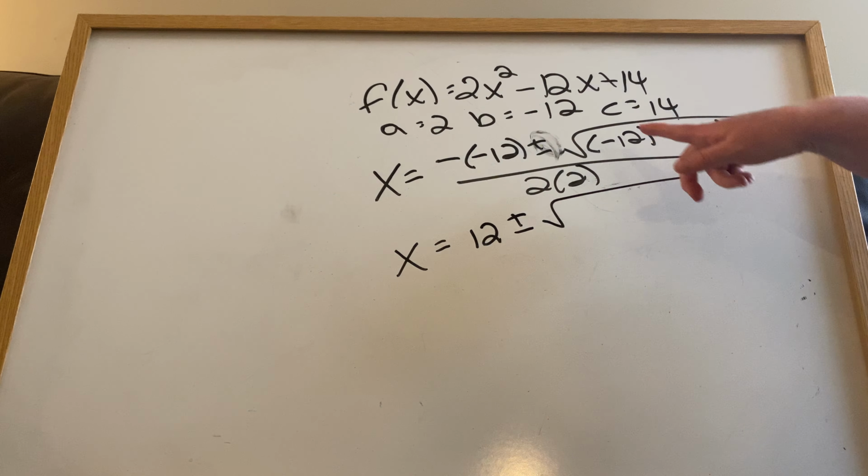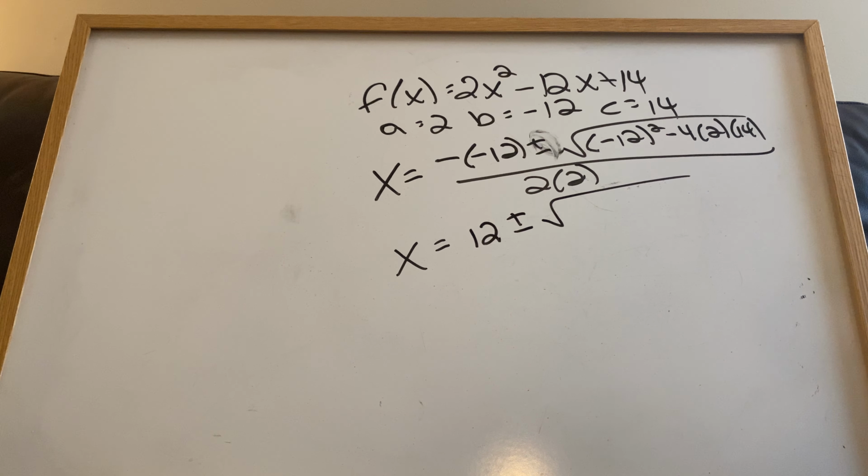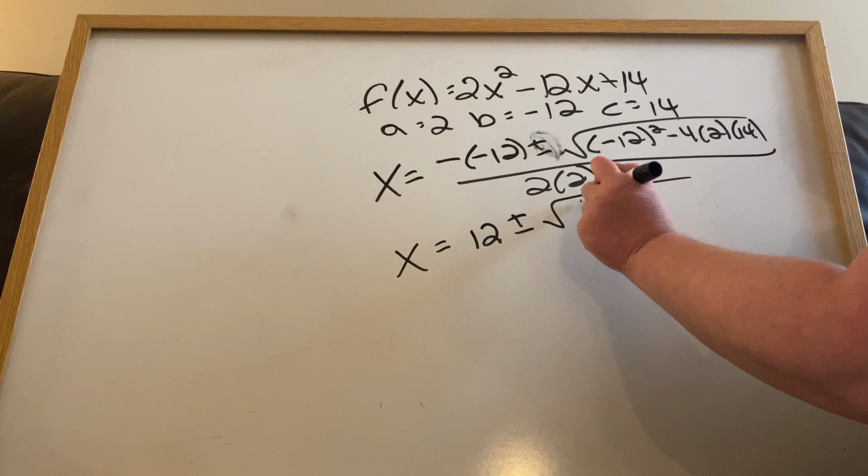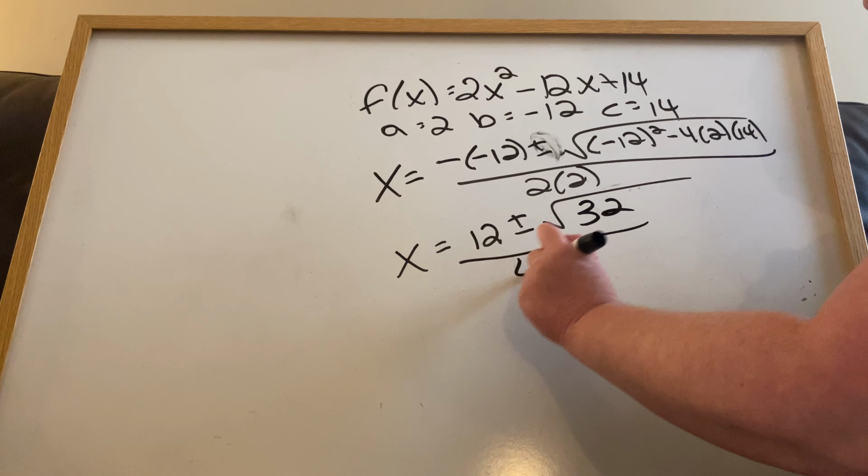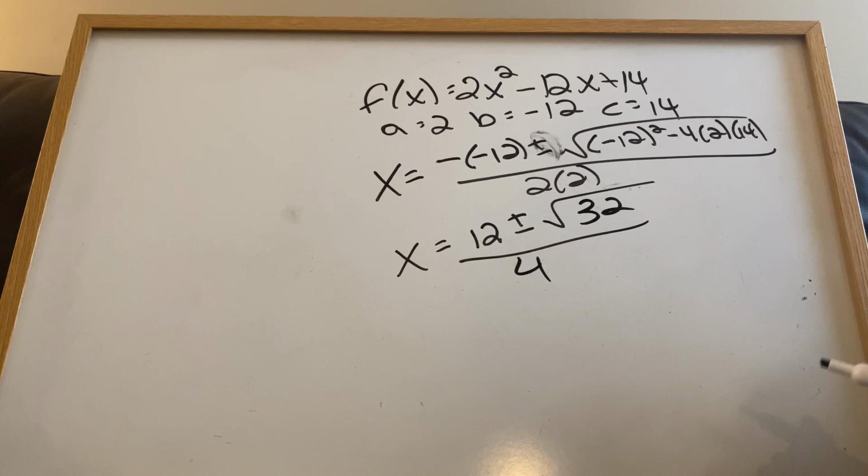And then you want to figure out the number underneath the square root, which you need to type in, watching the parentheses, especially here, because this is negative. It doesn't technically matter when it's not negative, but when it is negative, it goofs everything up if you leave the parentheses out. So when you type that in, you end up with 32 over 2 times 2, which is 4.